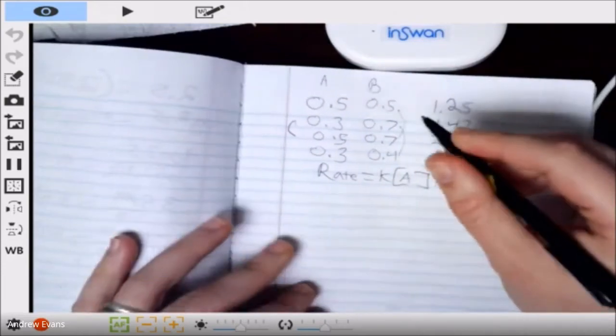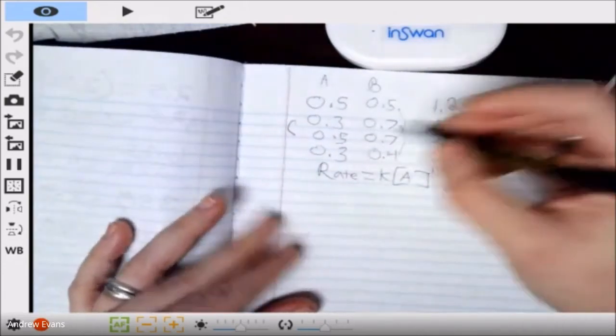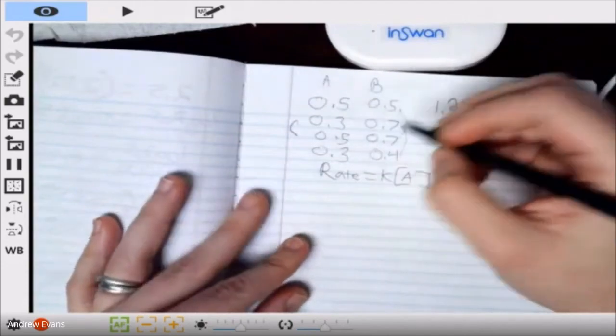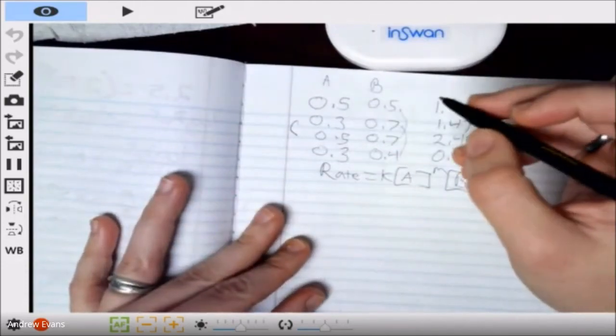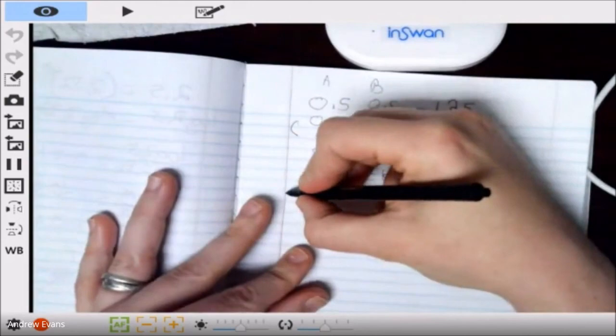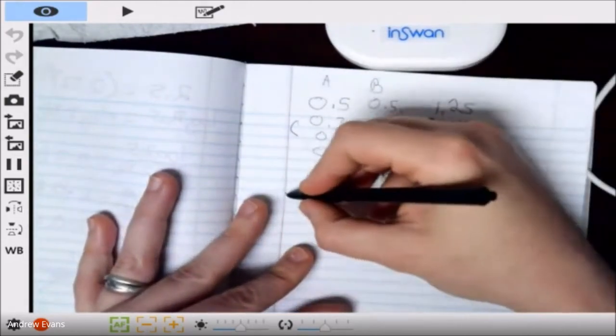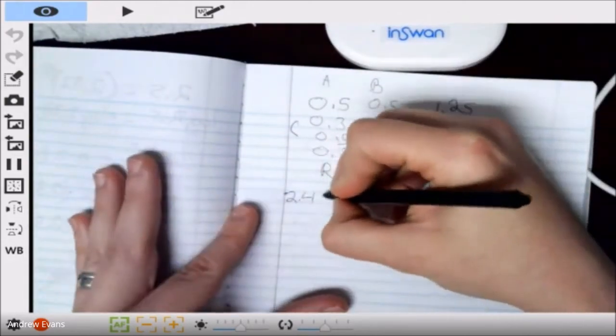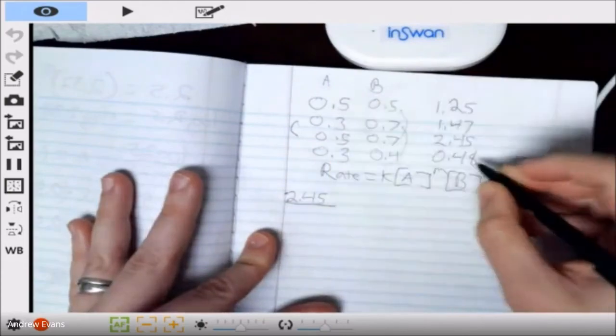Either one works. But let's look at our first set, experiment 2 and experiment 3. It doesn't matter which one I put over top, as long as you keep the ratios the same.